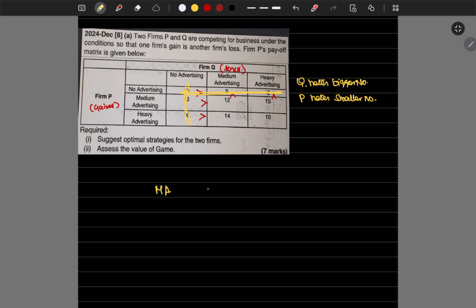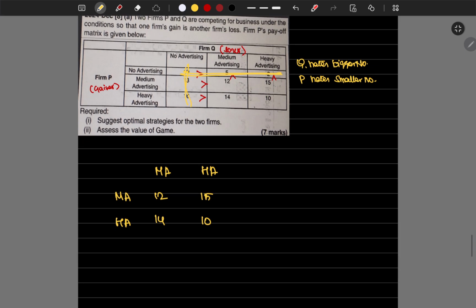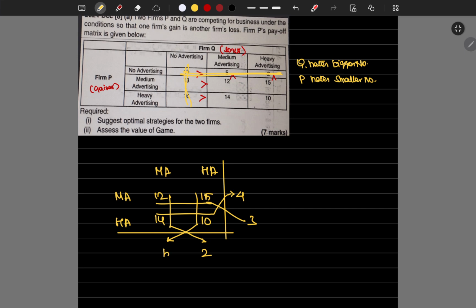Medium advertising, heavy advertising: 12, 14, 15, 10. Now the differences of these two values should come here, and the differences of these two values should come here. 4, 3, and 2, 5.